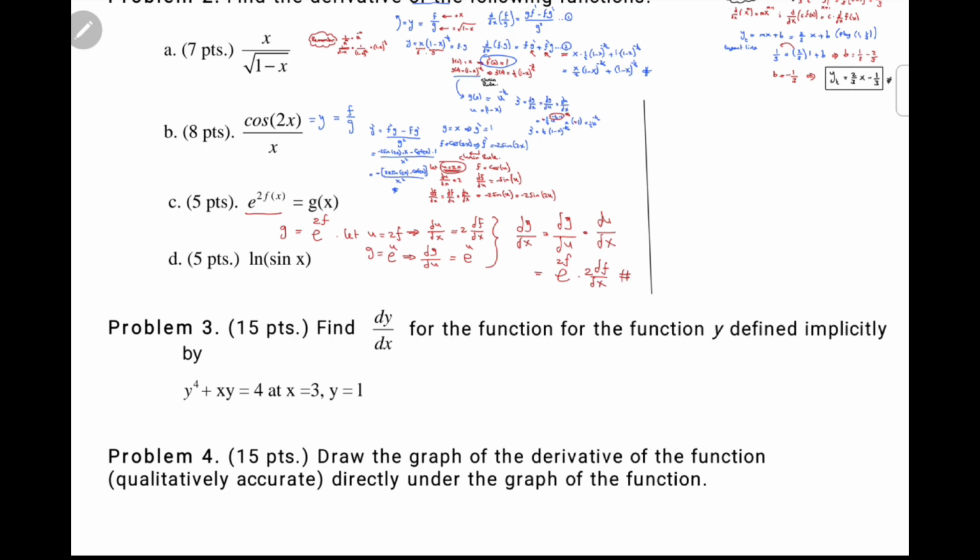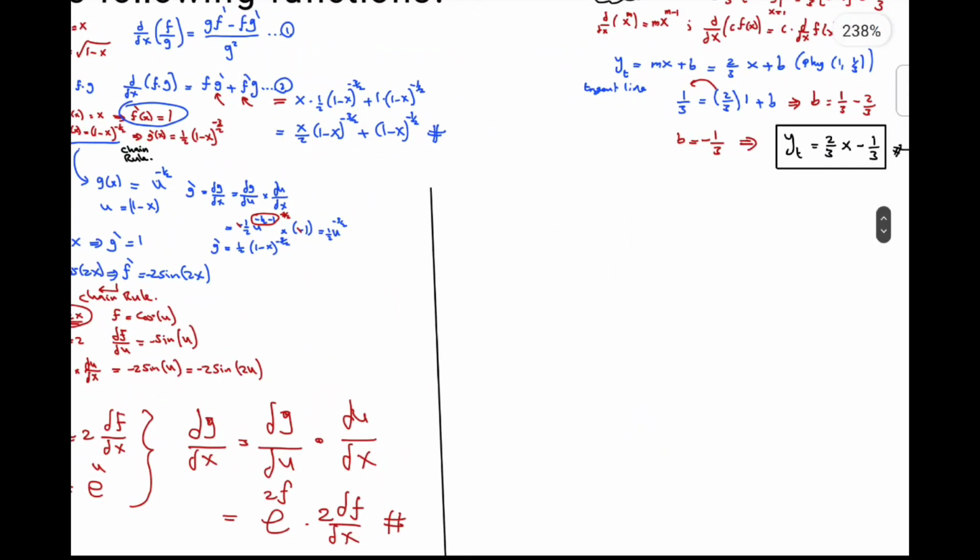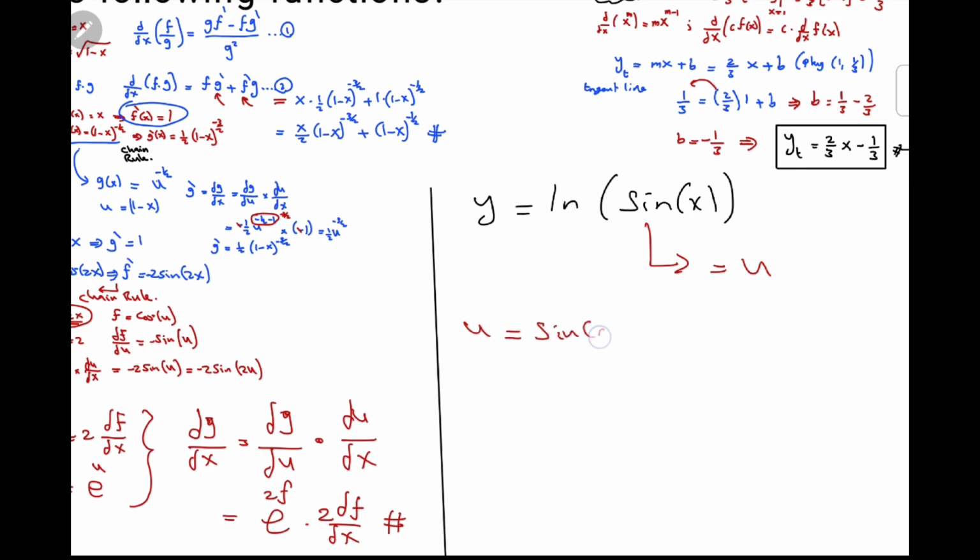The final question here, part D, says y equal to ln sine x. So find the derivative of y equal to ln sine x. In this case, we again use the chain rule. So we let this equal to u. So we have u equal to sine x, and y equal to ln u.